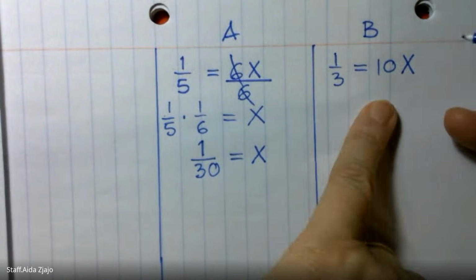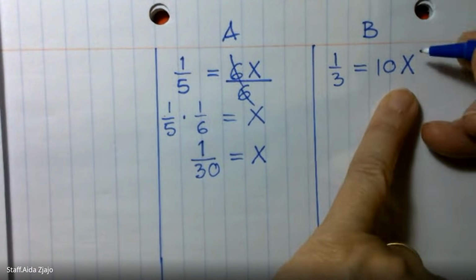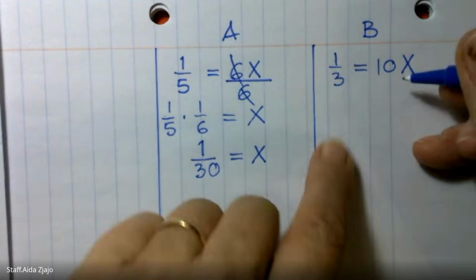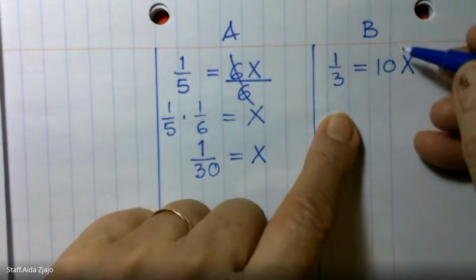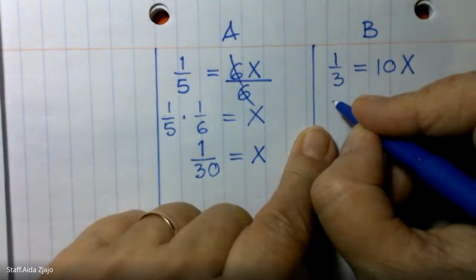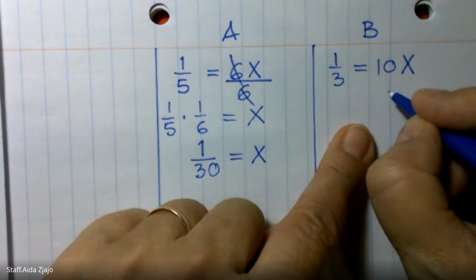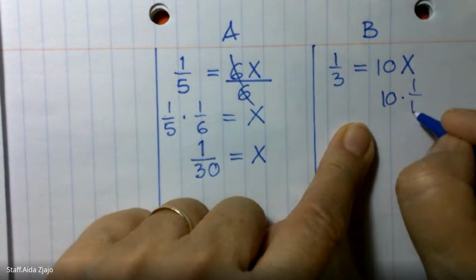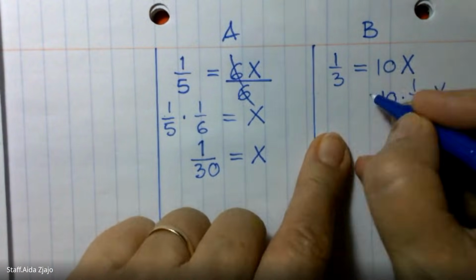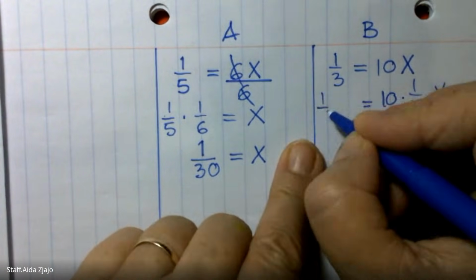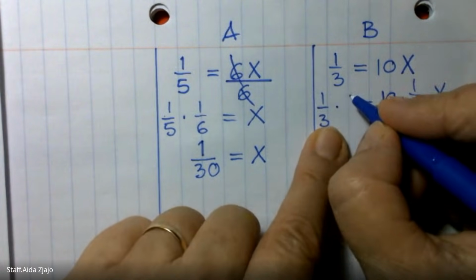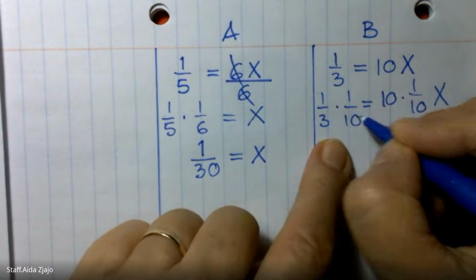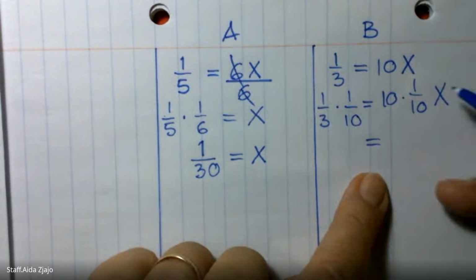So it's the same thing. If you want to follow the same approach, you can say, okay, I can multiply this side, 10 times 1/10 x, and then multiply the 1/3 by 1/10, and then I will get the answer.